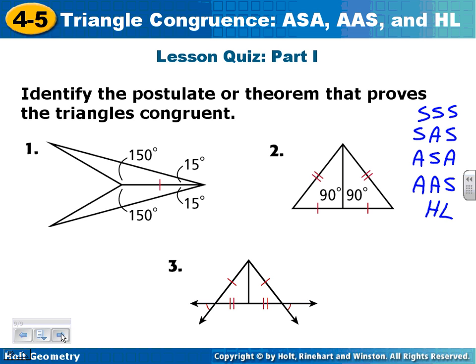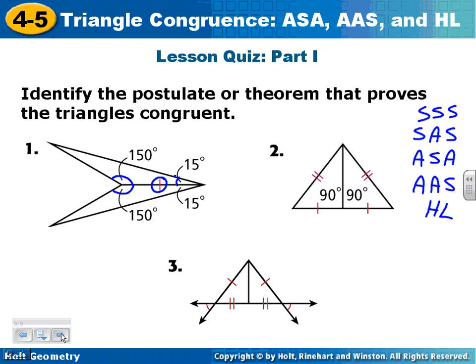Number 1. I want to see if that top triangle is congruent to the bottom triangle. Well, I see this tick mark here. That's a shared side. And I see 150, 150. So I'm going to put an arc mark there and there because they're both 150. And then look over to the right, I see 15 and 15.